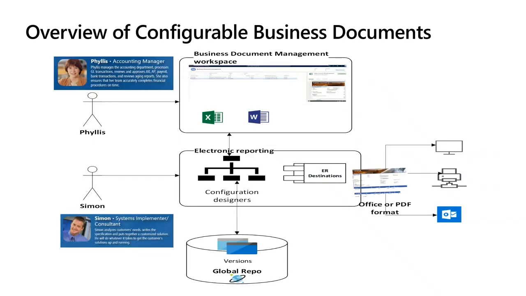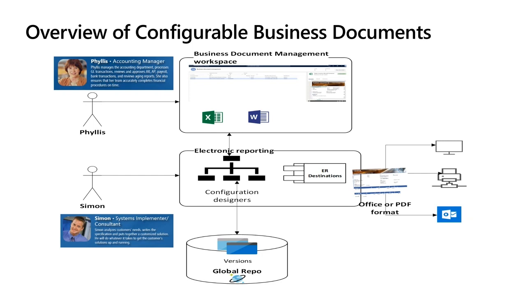Just an introduction, maybe a lot of you saw this slide, but there may be some new people who didn't see Configurable Business Documents before. So we have electronic reporting functionality, which has existed in finance and operations since the beginning of AX7, the first release of cloud F&O.